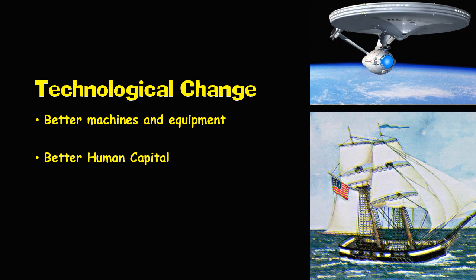Number two, we get better what we call human capital. Human capital is the experience, training, and skills of the workers, right? So it's my innate ability, my skills, by training my employees better, they improve their human capital, they can work harder. That's why we send people to college.